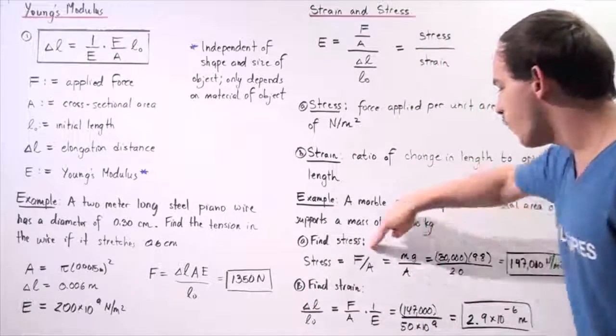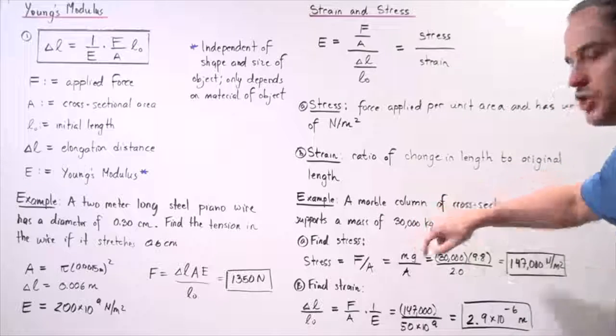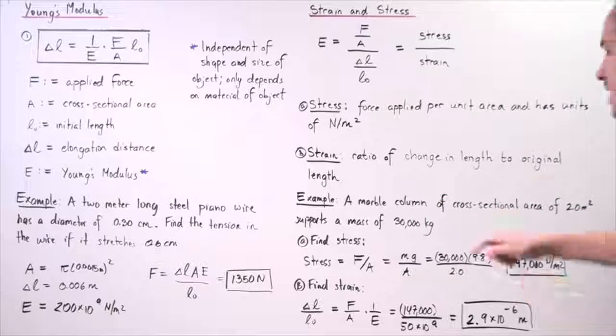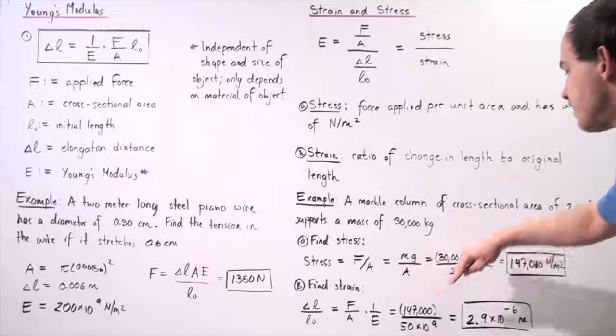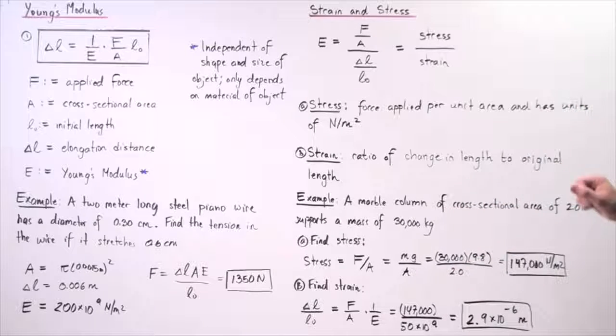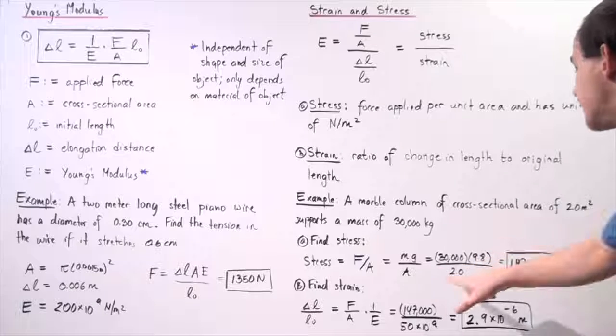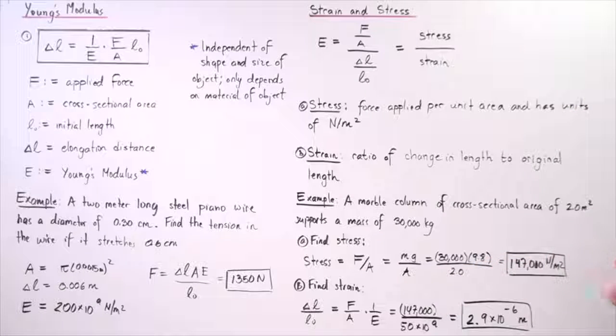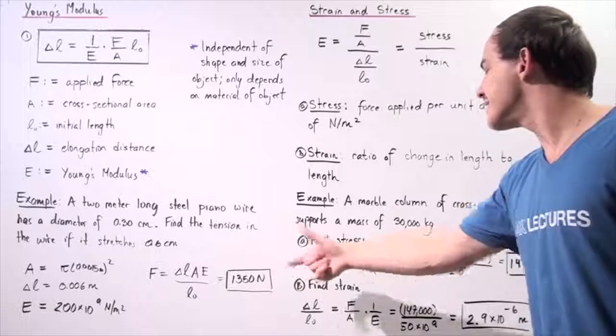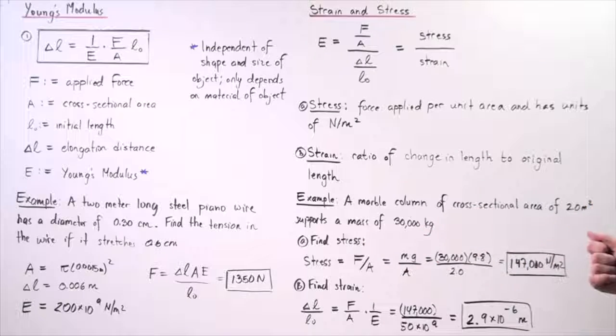So force is simply mass times g, our gravitational constant. So mg divided by A is 30,000 kilograms multiplied by 9.8 meters per second squared, divided by 2 meters squared, and we get 147,000 newtons per meter squared as the stress. It's the force per unit area.